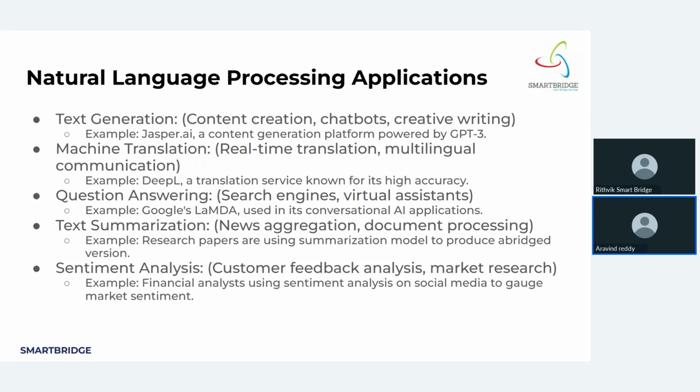And coming to machine translation, we have real-time translation and multi-language communication. We have DeepL. There are a lot of models for doing these things. And question answering, search engines, virtual assistants, we have Google, LaMDA, a lot. Text summarization, news aggregation, document processing, right? We need this text summarization, and we are going to use it in a huge way. Okay. Sentiment analysis, customer feedback, and analyzing market research. Yes, it's compulsory. We are going to do that.